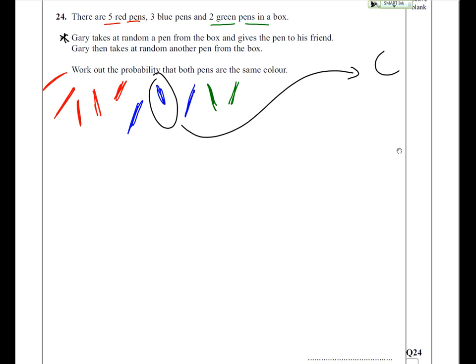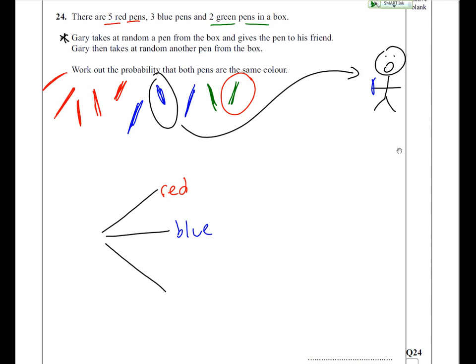So here's his friend. He's a nervous wreck waiting for this pen. Okay, and he gets it, and he keeps it, whatever colour it is. And then Gary picks another one out. So what we needed to do is a tree diagram. The options for the first pen that he picks is going to be red, or blue, or green.